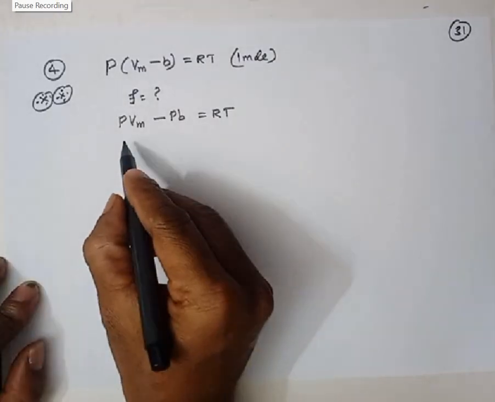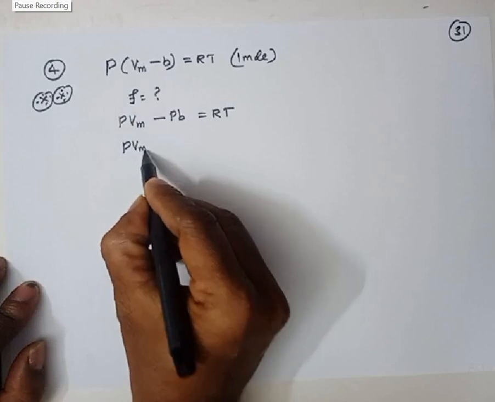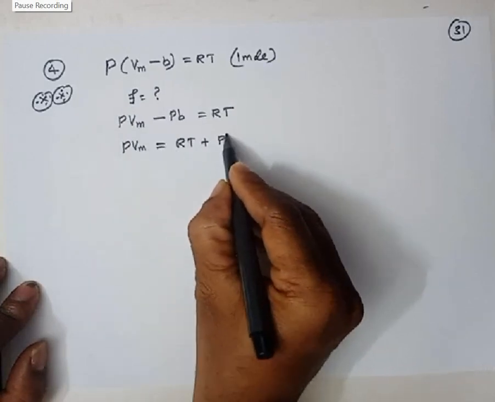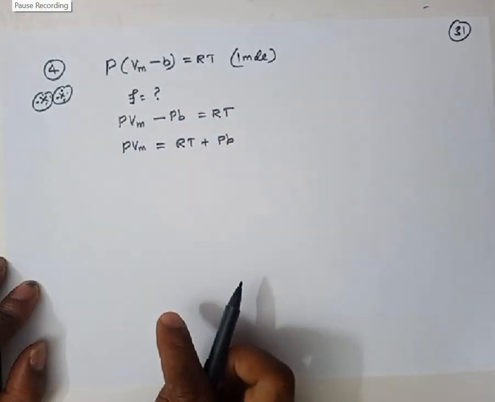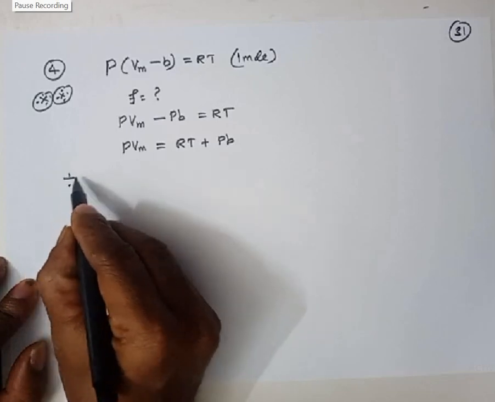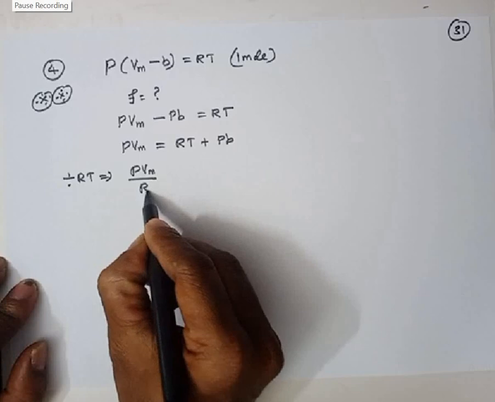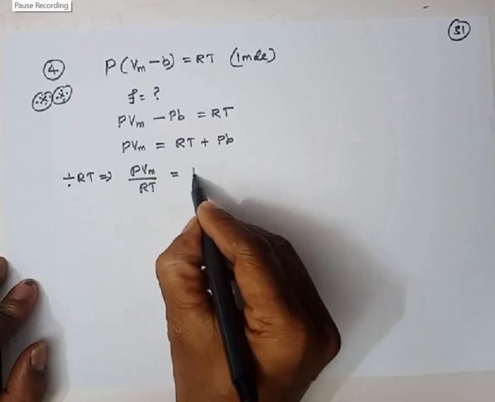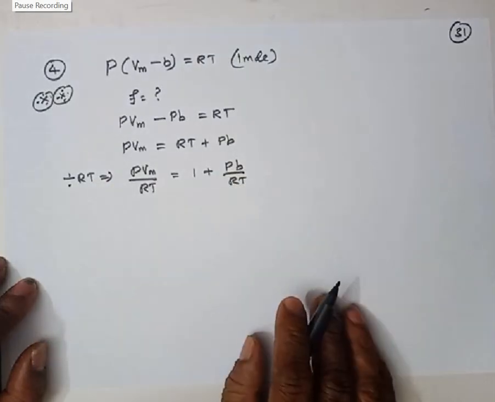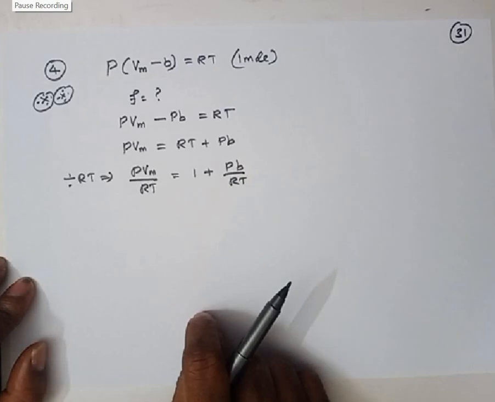You can also write PVm equal to RT plus PB. Bring this PB to the right hand side, and now divide throughout by RT. We get PVm by RT equal to 1 plus PB by RT.